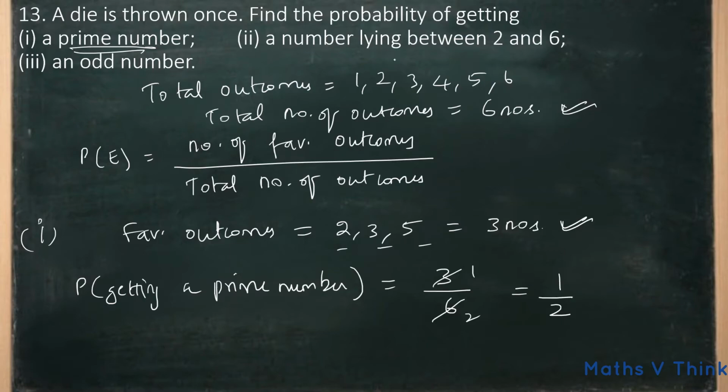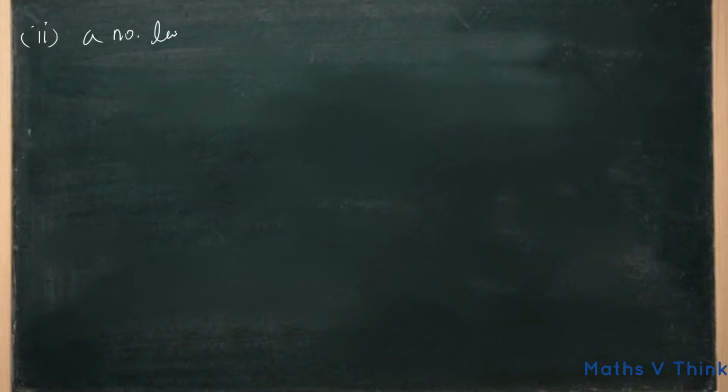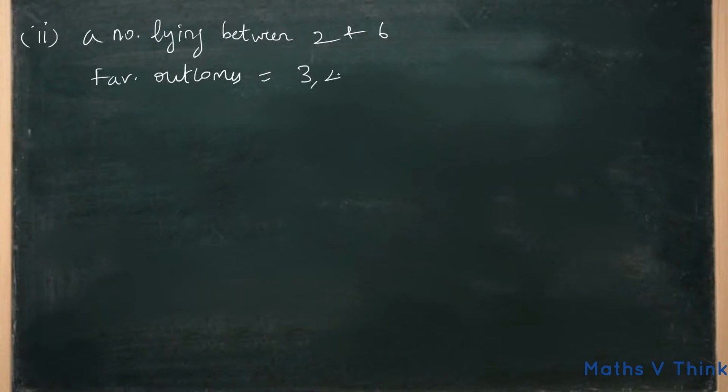The second question is a number lying between 2 and 6. So here our favorable outcomes are, between 2 and 6 means 3, 4 and 5, which are 3 numbers. That is 1, 2, 3. 3 in counting.